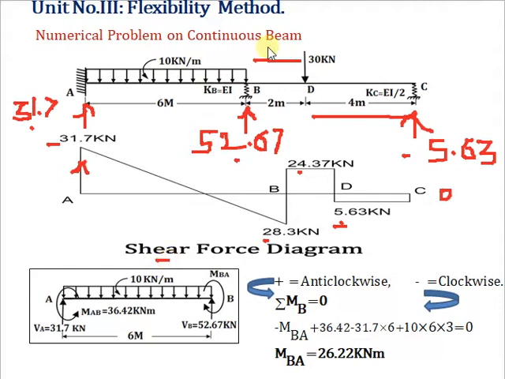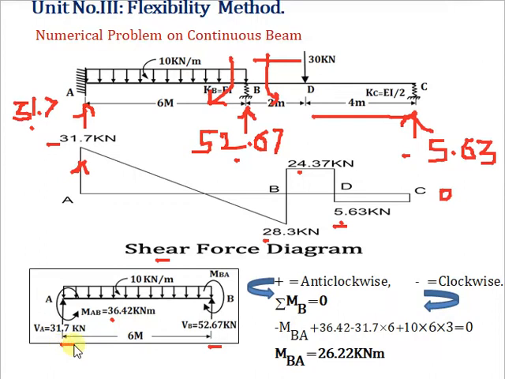Now find the moment at B, which is nothing but equal to the moment at B for the BC span. To maintain the stability, let's find the moment for the AB span at B. So the FBD for the AB span: moment at A is this one, 36.42 kilonewton meter.